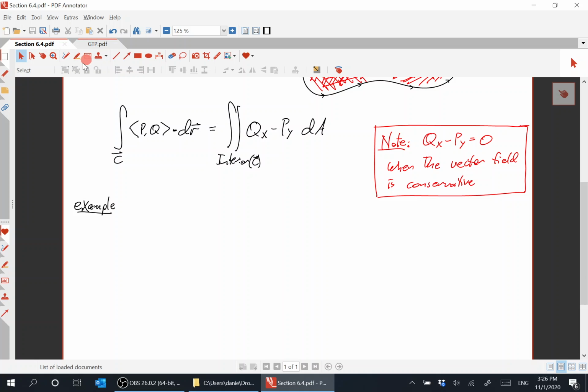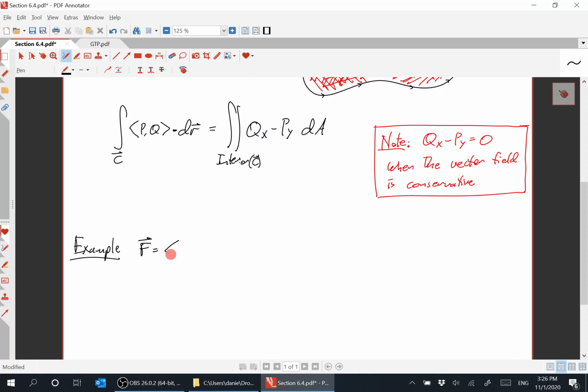For example, let the vector field be equal to (y squared minus x squared y, xy squared).